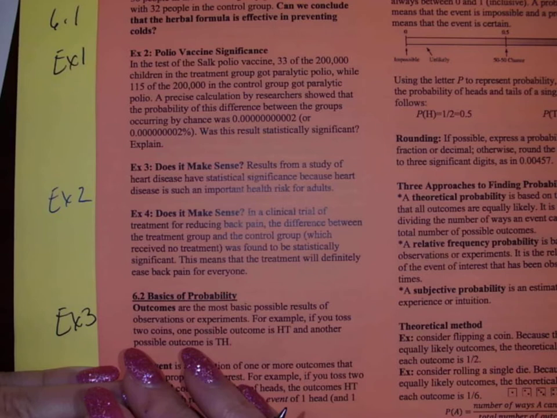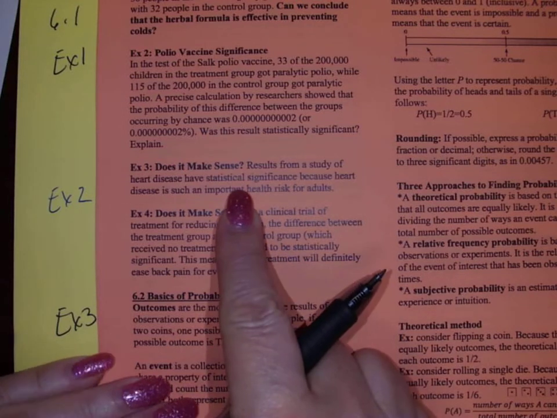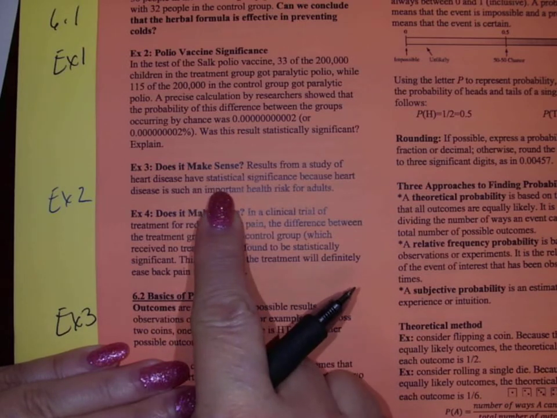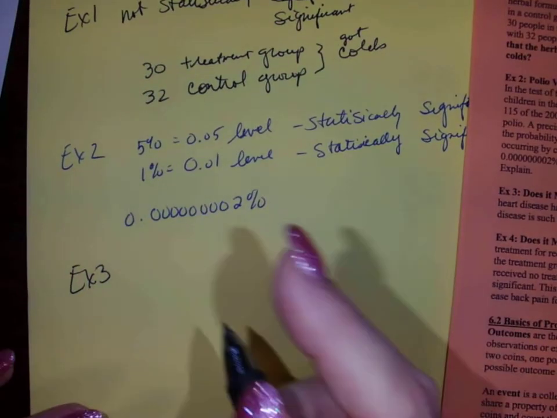Well, it doesn't make it statistically significant just because it's an important topic. It has to have that statistical significance by the results, not just because it's an important thing. So this does not make sense.